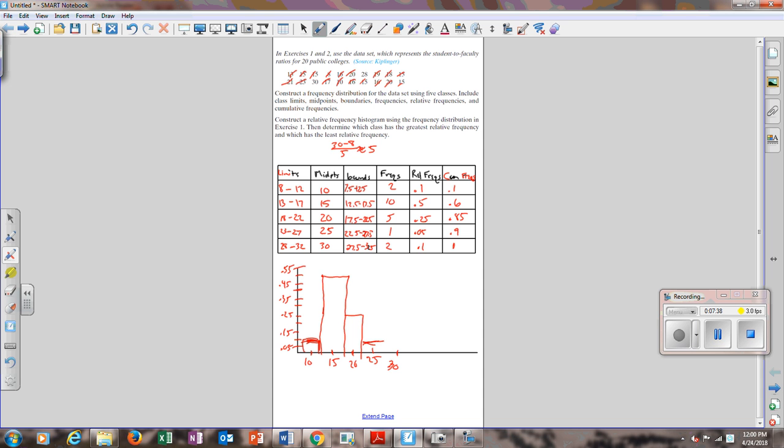And 0.05. And this last one is 0.1. So it's going to go up a little higher than that one.